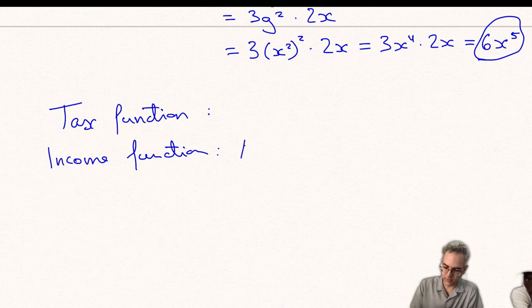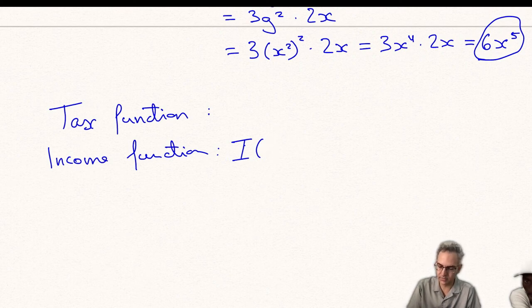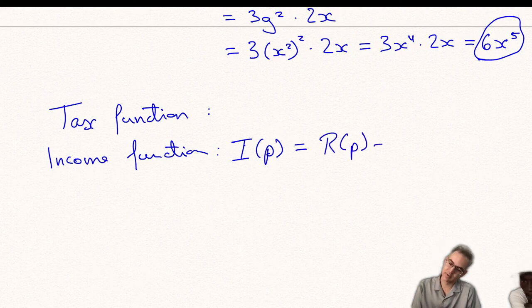Well, for income, we'll just use I. That'll make sense. So income might be a function. What does income depend on? Let's say it depends on sales, we'll call it S. Actually, it's a function of price. The higher the price, well, income is revenue minus costs.